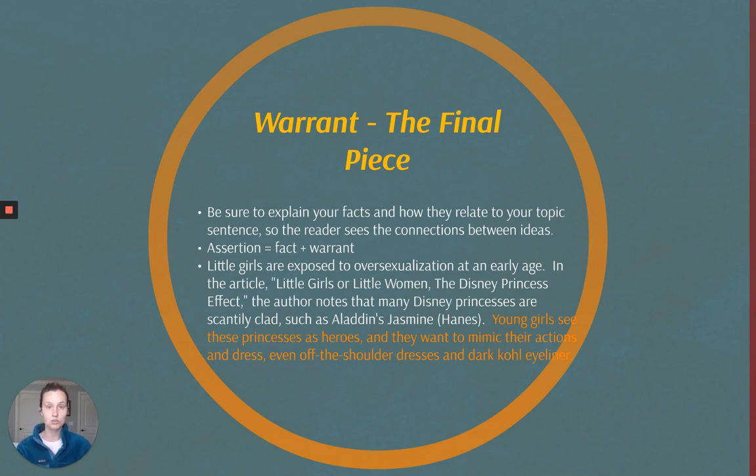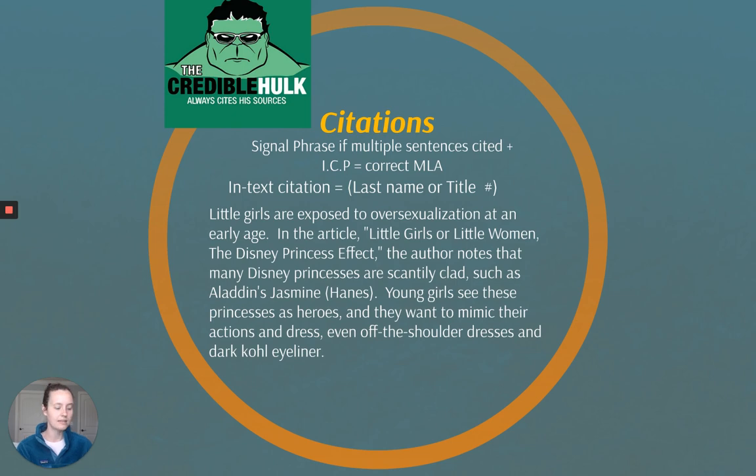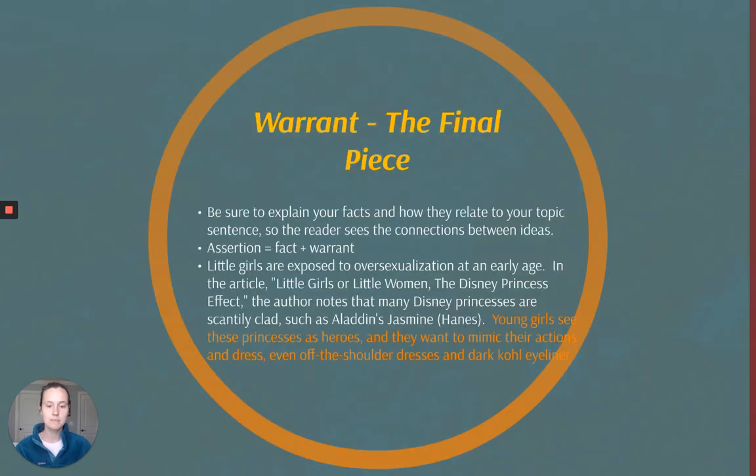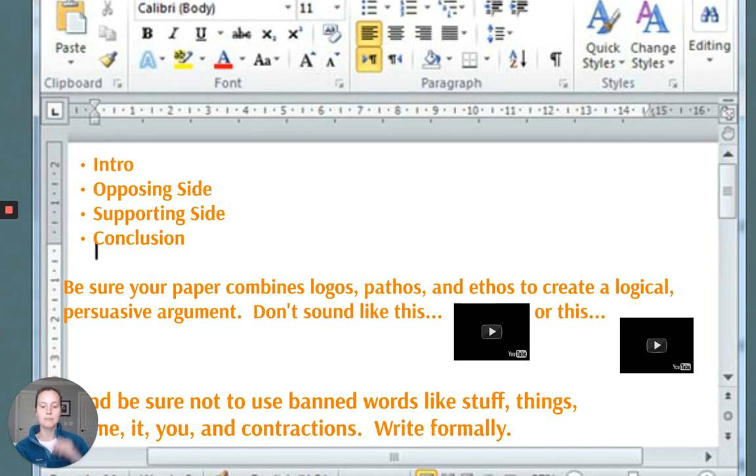Okay, now should you do that all throughout your paper? Probably not, because that doesn't make a good argument either. But to occasionally admit that the other side has a good point actually produces a more logical argument. Okay. So those are some things to keep in mind about putting your paper together. Remember, you need an intro.